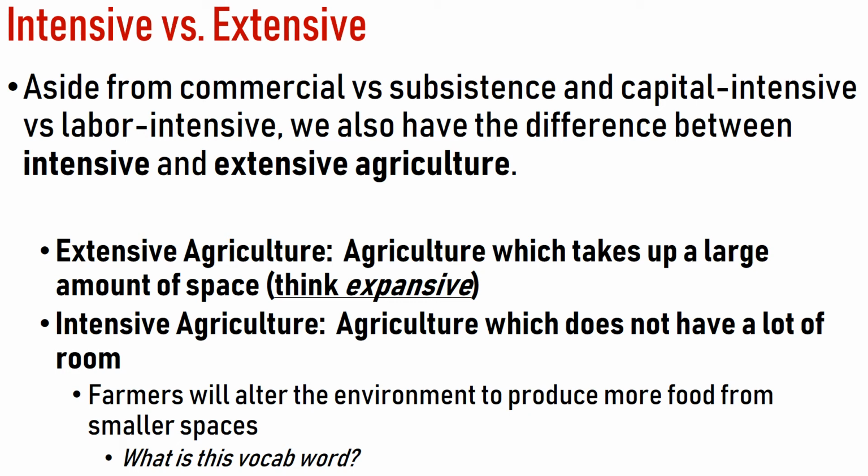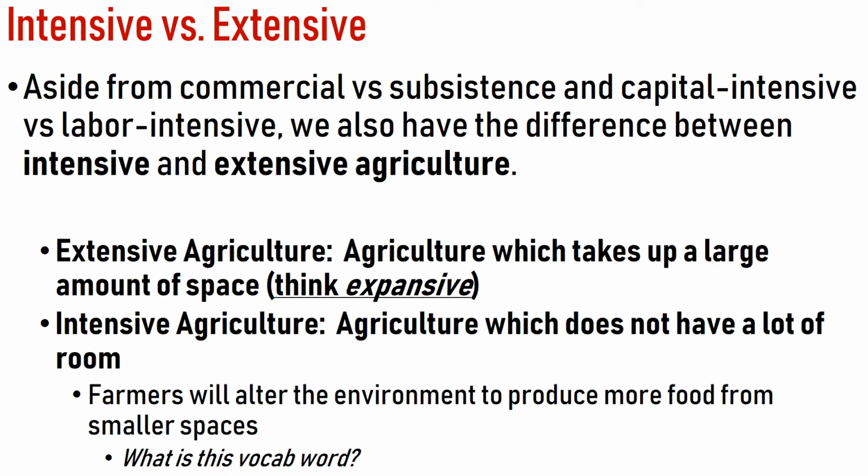And intensive agriculture does not use a lot of room. Now, I know this seems confusing or redundant, but it is just vocab that they generally use. So commercial agriculture is capital intensive. It's extensive in its land size, while subsistence agriculture is generally labor intensive and intensive with its land size, right? That's me just practicing using these words.